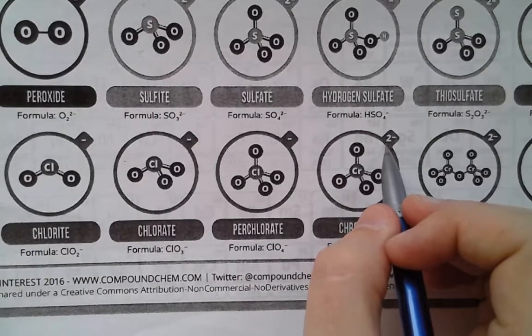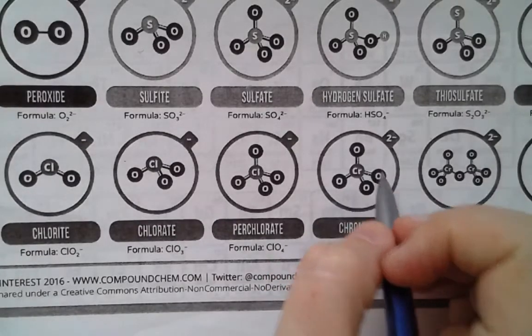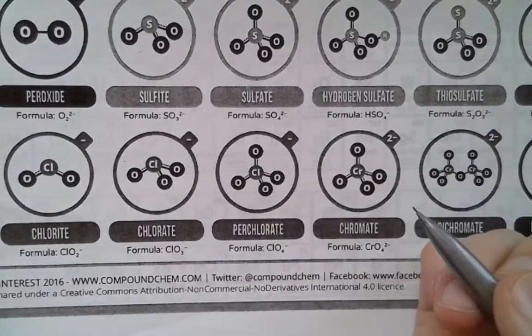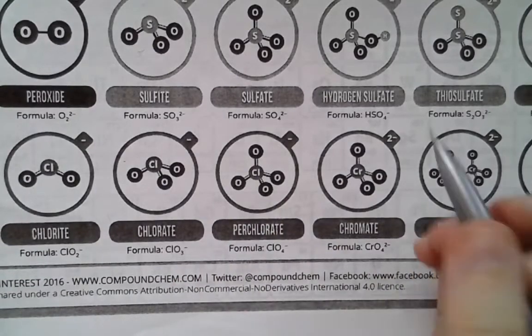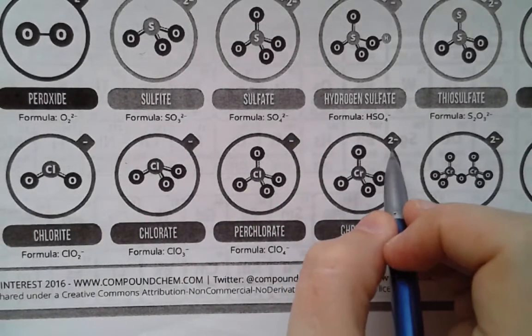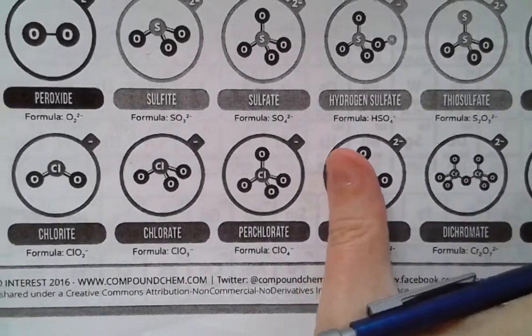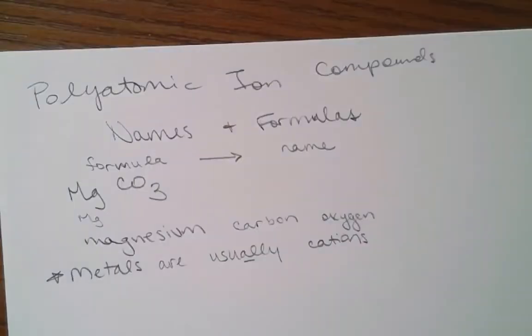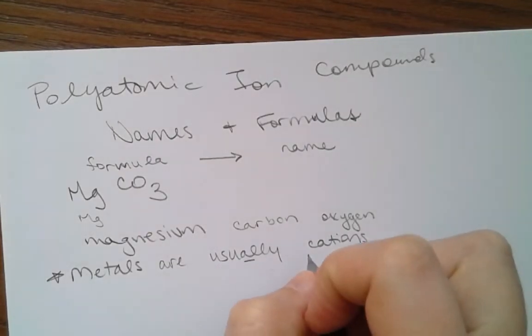But kind of breaking it down one more level, it's all these oxygens that hang out around the middle atom that hold on to the extra negative charges. So if you've got a metal surrounded by oxygen, that can also sometimes hold some negative charge. But in general, metals are usually cations, usually the positive charged thing.